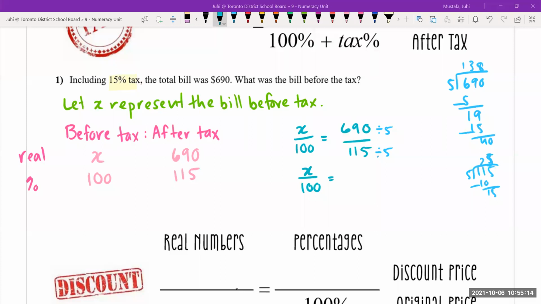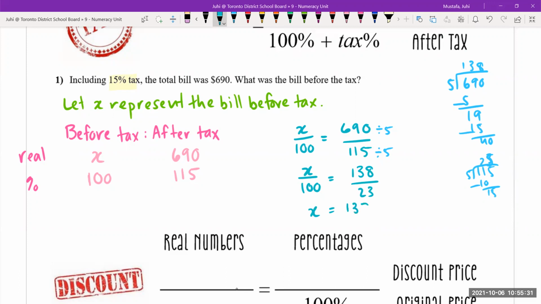Okay, so I did my rough work over here. I did the long division. 690 divided by 5 is 138. 115 divided by 5 is 23. Again, numbers are not the nicest. So what we're going to do is multiply those and divide by this.